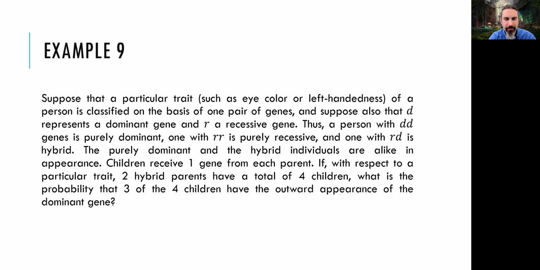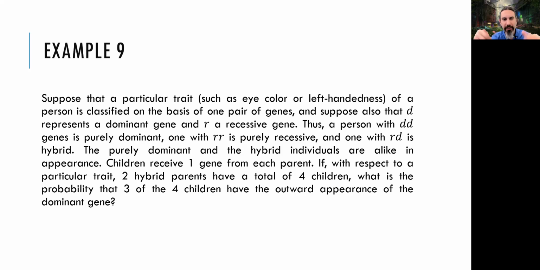Now, here we have genes, and 2 parents, a mother and a father, create a new gene. So, for example, if both the mother and the father are dominant types, they have 2 D genes, so the child should be DD again.